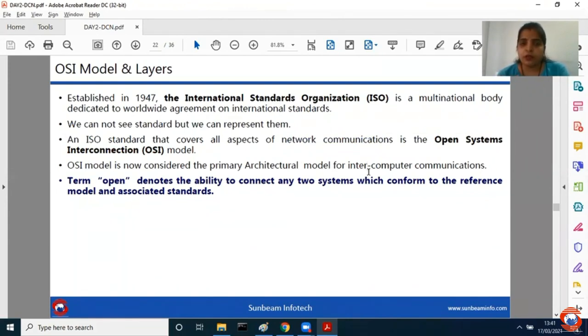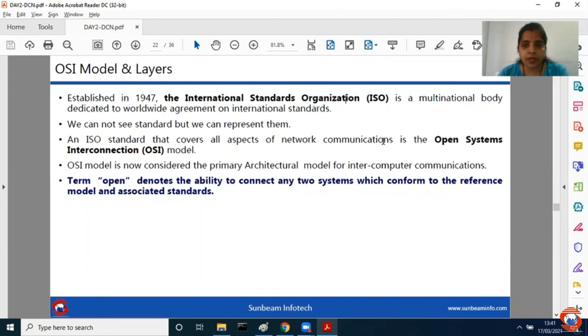When you say gram, it is for weight. When you talk about networks, the standards designed by standard committees are called the OSI model. So it is a generic open system interconnection model, and this is given by the organization called ISO, International Standard Organization.